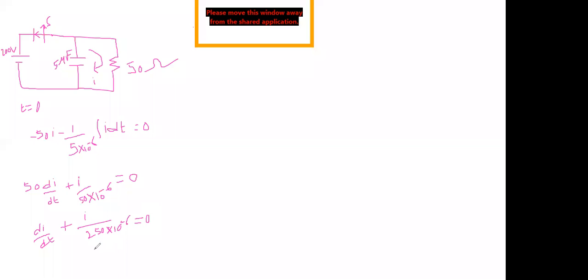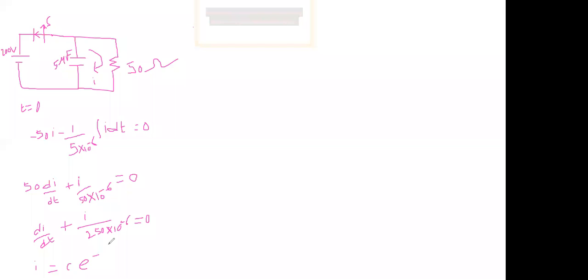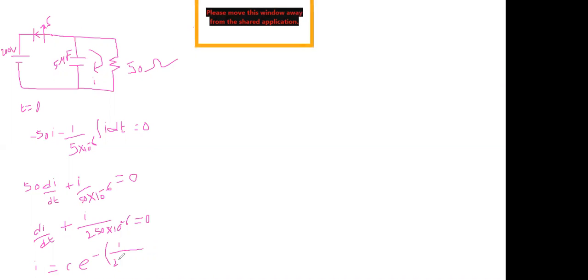This is a homogeneous equation. I'm writing the solution of the equation directly: I equal to C into e power minus 1 by 250 into 10 to the power of minus 6 into t. This is the solution of the equation.